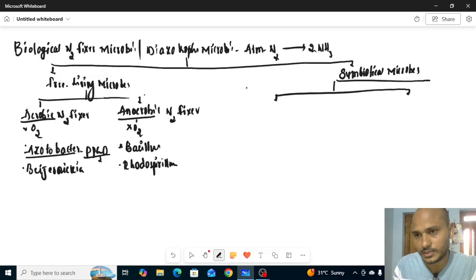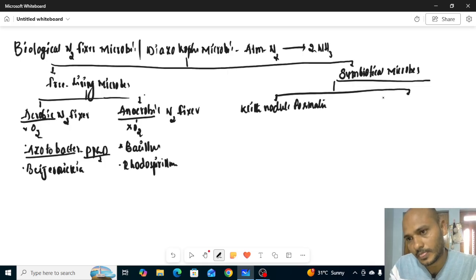So based on that we classify them into two categories: with nodule formation and without nodule formation.